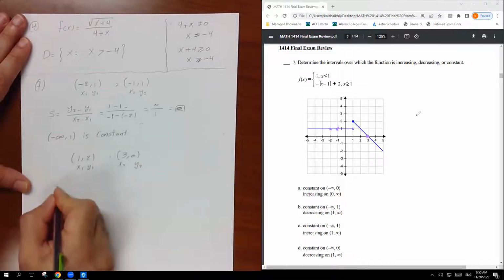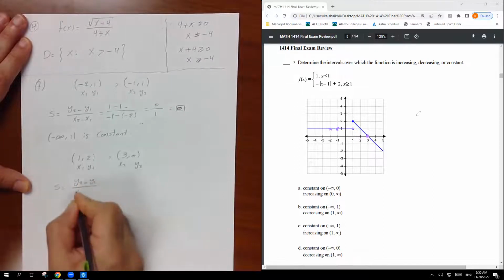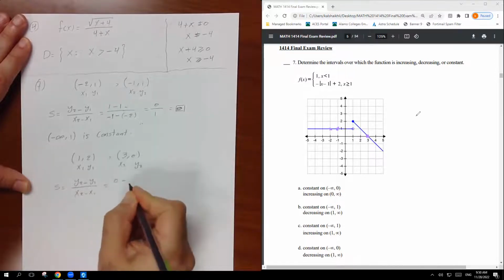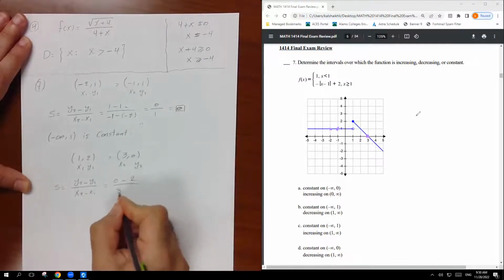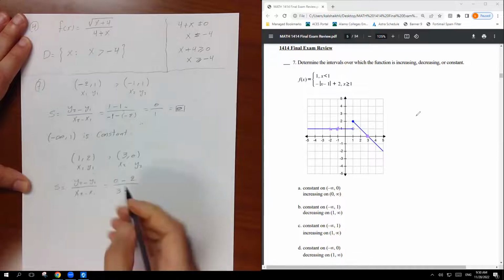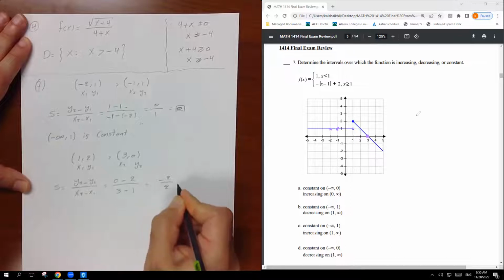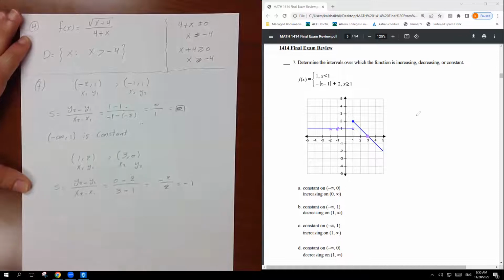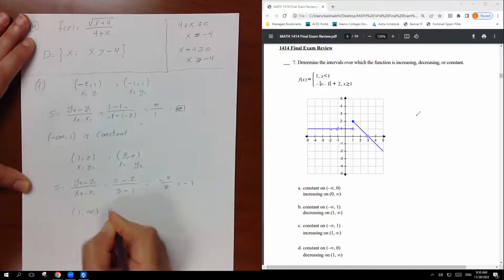The slope is going to be y2 minus y1 divided by x2 minus x1, which is 0 minus 2 divided by 3 minus 1. So it's going to be negative 2 divided by 2, which is negative 1. We got a negative slope. That means from 1 to infinity the function is decreasing.